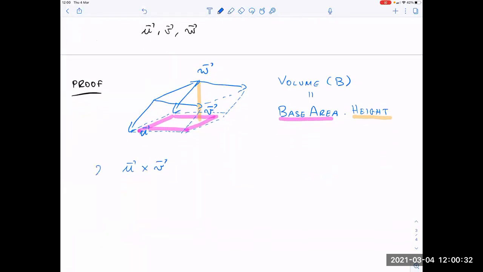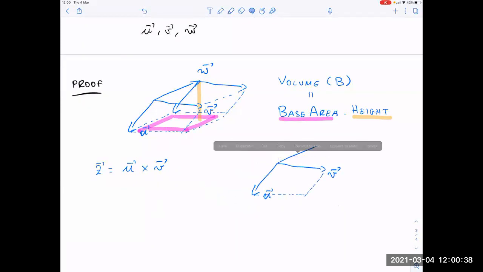Well, I get a vector Z, which is orthogonal to the base of the parallelogram.